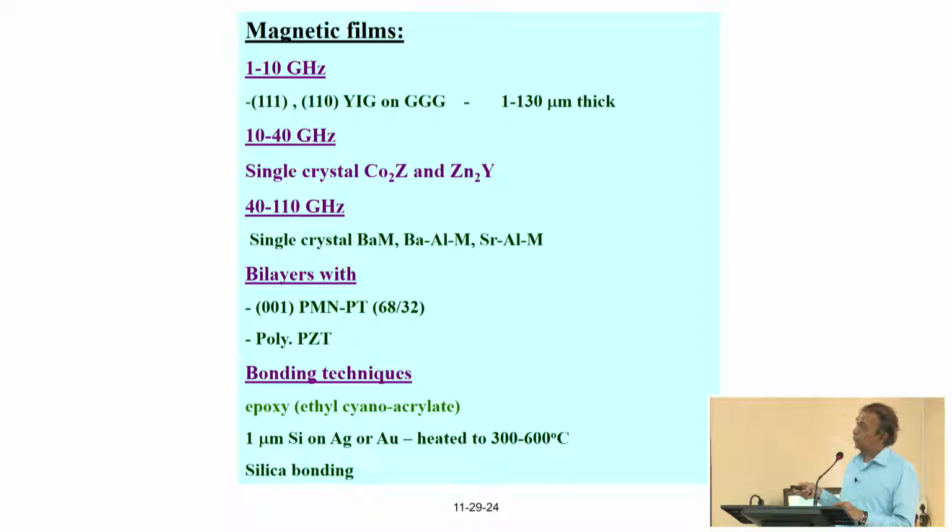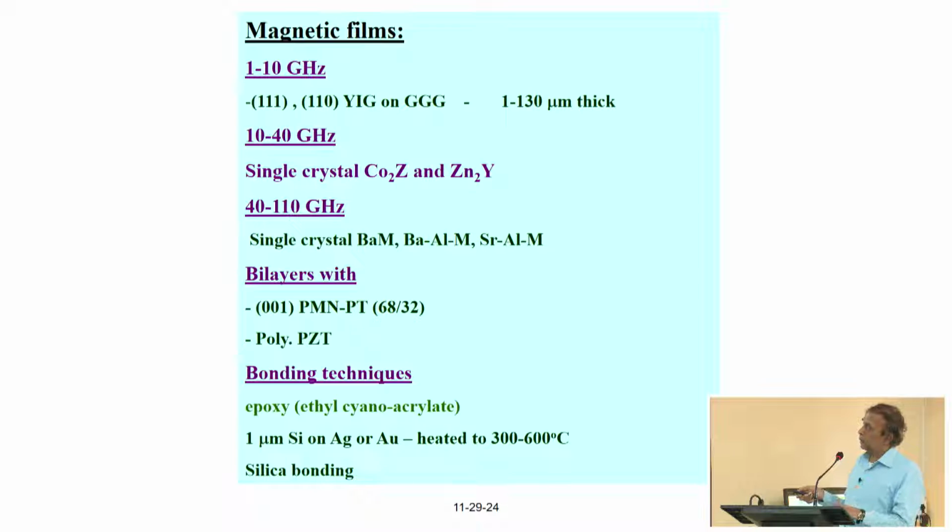For single crystal Z and Y type ferrites, you can use LPE, but you may have to use other techniques such as pulsed laser deposition or chemical vapor deposition.